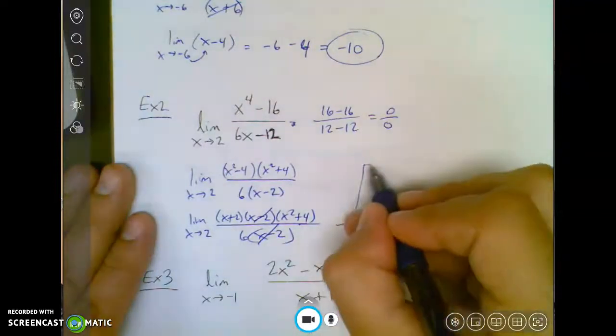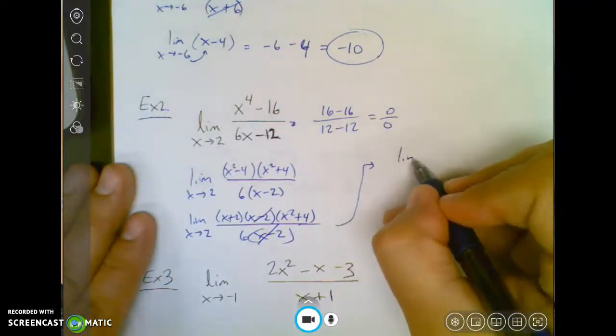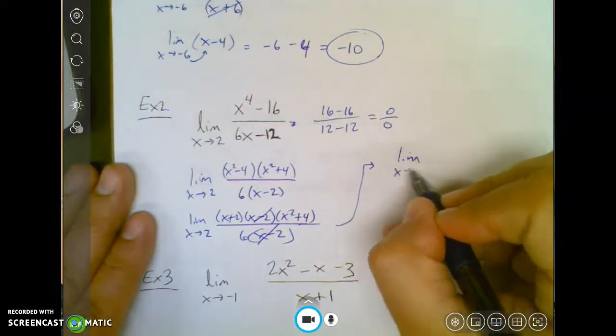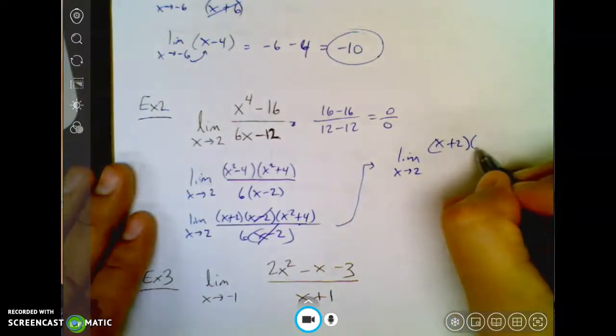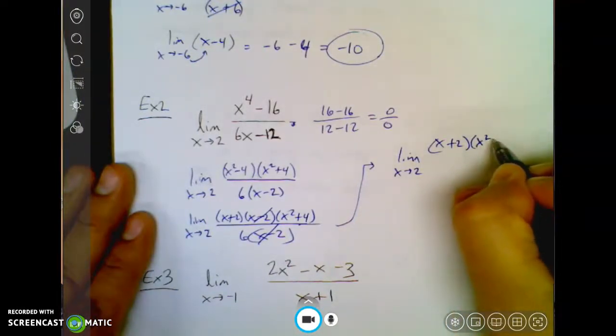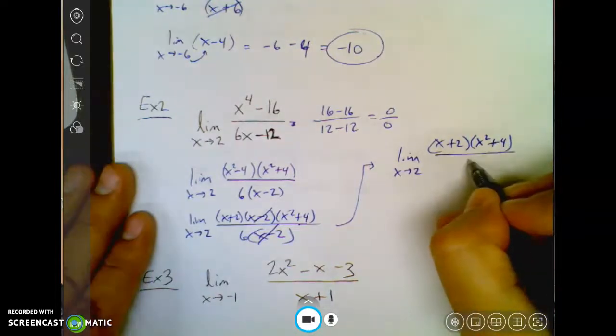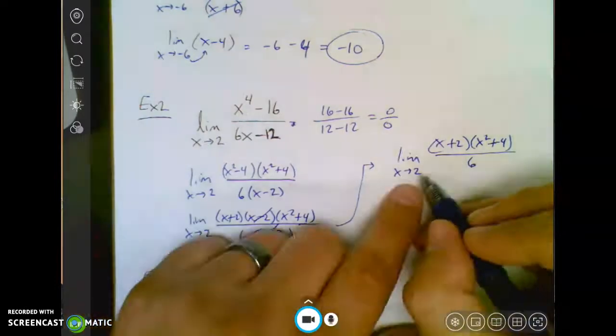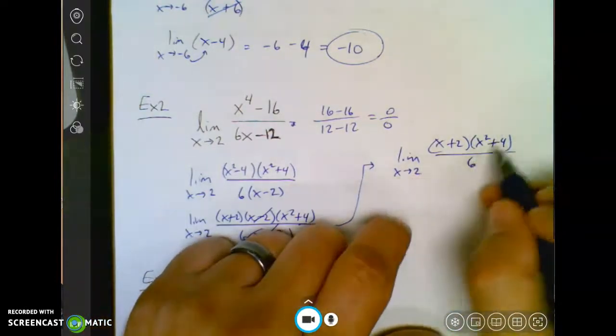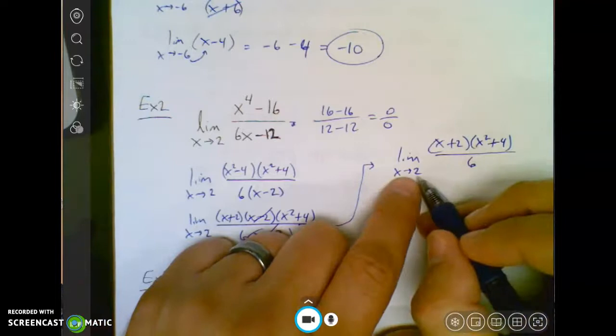And as soon as those cancel, I don't have to do any more algebra work. I am ready to plug in. And don't waste your time trying to FOIL stuff out or anything like that. I just cancel those two off. As soon as I get things to cancel, my problem will be more accepting of this number to throw in.